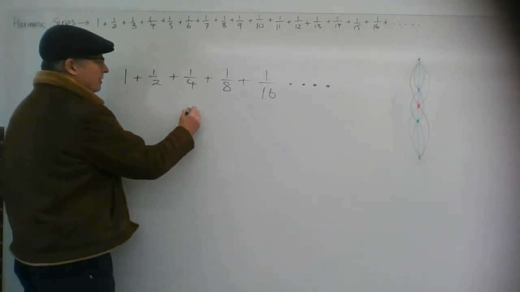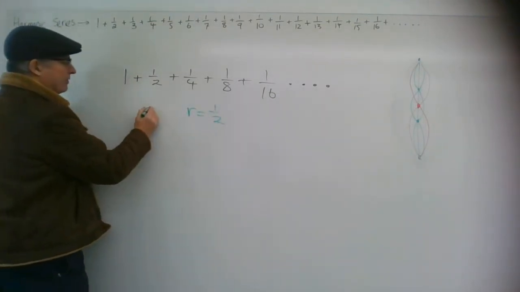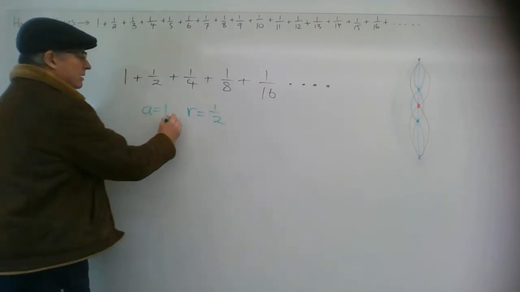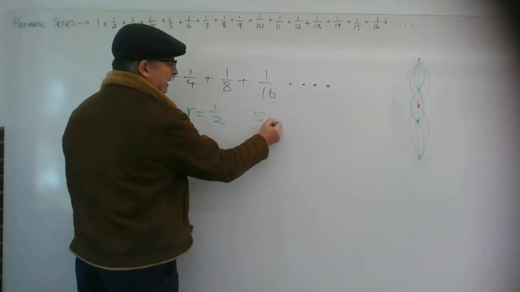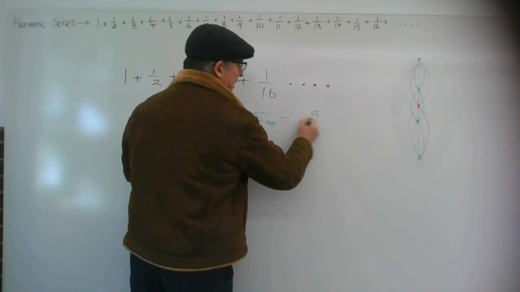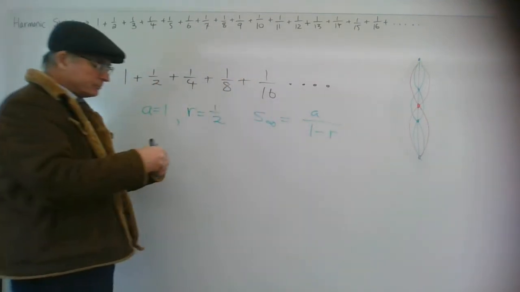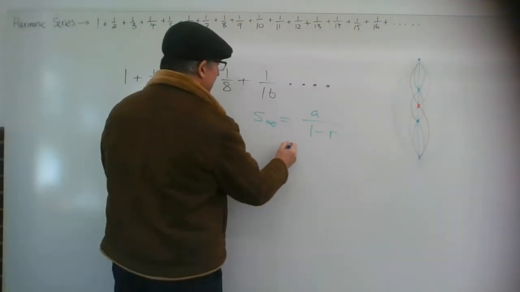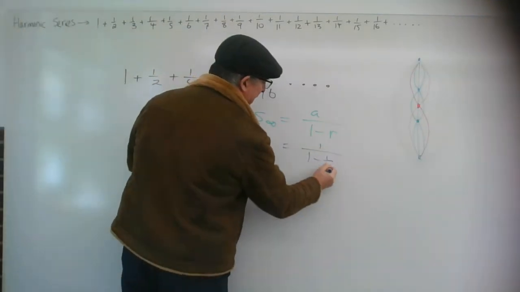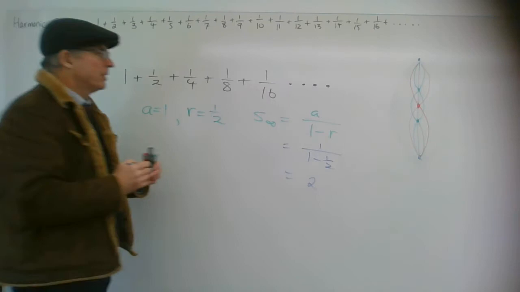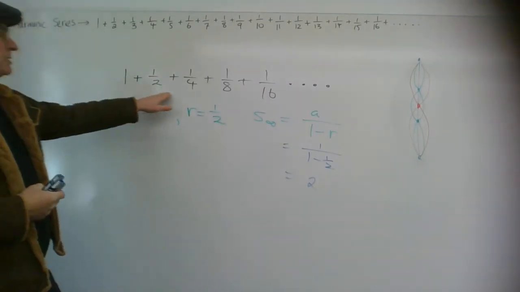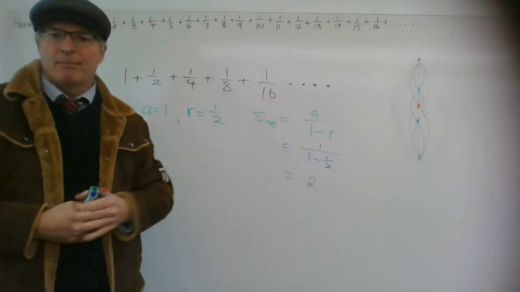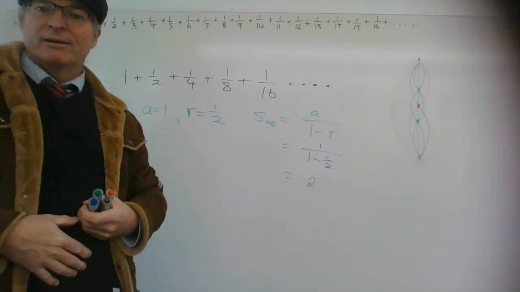So if the common ratio is a half and the first term is 1, then we know we can find the limiting sum, A on 1 minus R. And the limiting sum for this particular series is 1 on 1 minus a half, which is 2. So this series does have a limiting sum, but does the one above it?